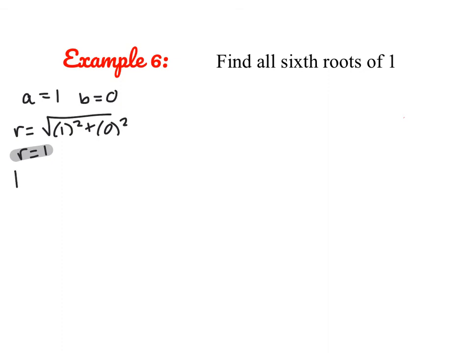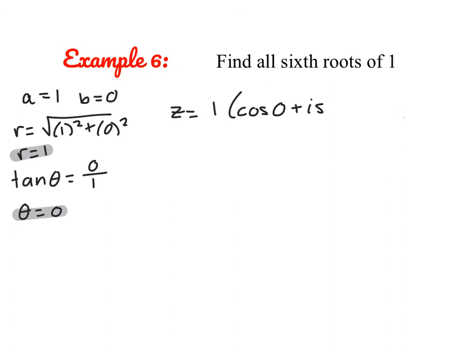And then we can still find theta. Tangent of theta is b over a, so theta is just 0. So 1 in trigonometric form is just 1 times the cosine of 0 plus i sine of 0. Now we're going to set up that formula that we just used.